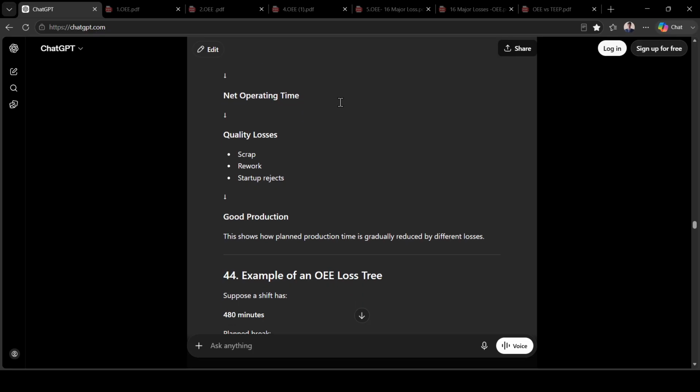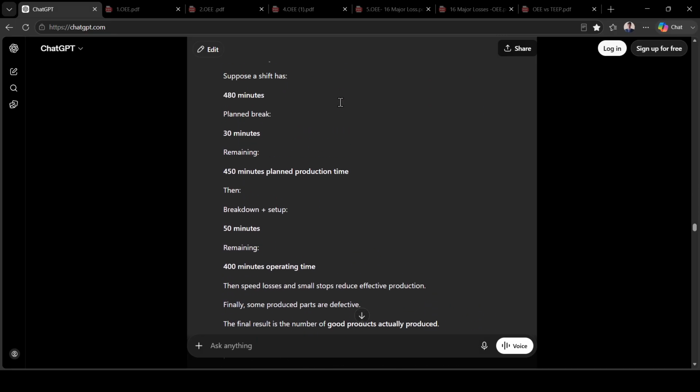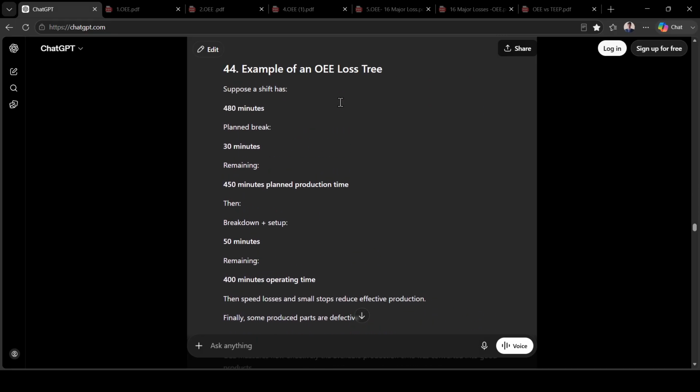This shows how plant production time is gradually reduced by different losses. So, an example of an OEE loss tree. Suppose a shift has 480 minutes, planned break 30 minutes, remaining 450 minutes plant production time. Then breakdown plus setup of 50 minutes, remaining 400 minutes operating time.